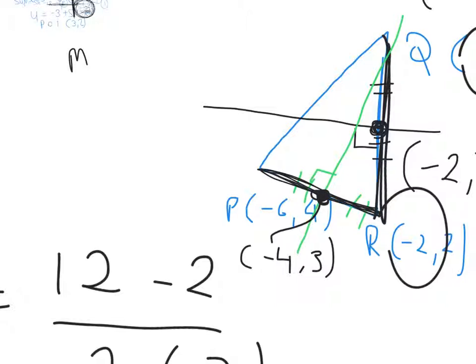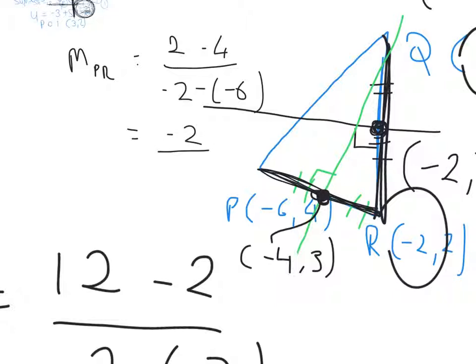So the gradient of PR is given by (2 minus 4) over (-2 minus -6), and that's -2 over (-2 plus 6), that's 4, and that's -1/2.